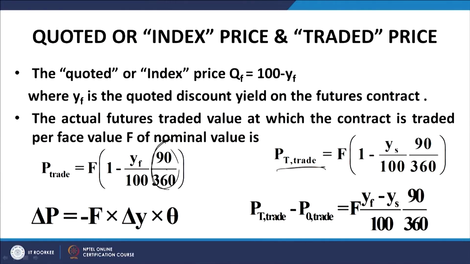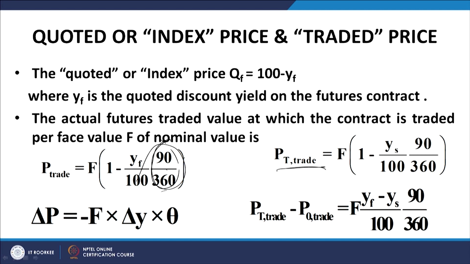at least for academic interest, is specified by the exchanges at which they are traded. Again, this is a matter of convention or a matter of the contract of issue or the method of specification by the exchanges, but for academic interest, this quantity need not necessarily be 90 upon 360. For example, let us look at a situation where this quantity is 0.